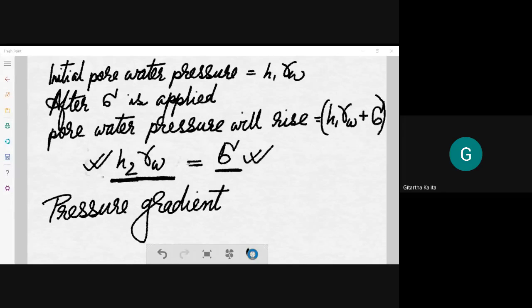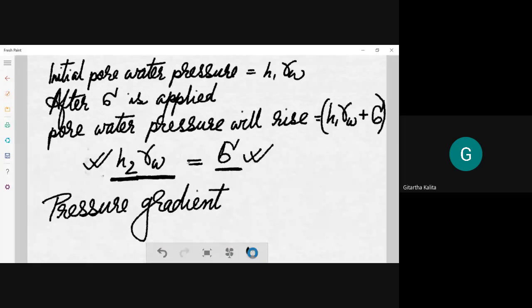Initially, the pressure was H1 gamma water. Now it became H1 gamma water plus sigma. So ultimately there is a difference of pressure, and water will now start flowing out, because water will not remain in the soil forever.